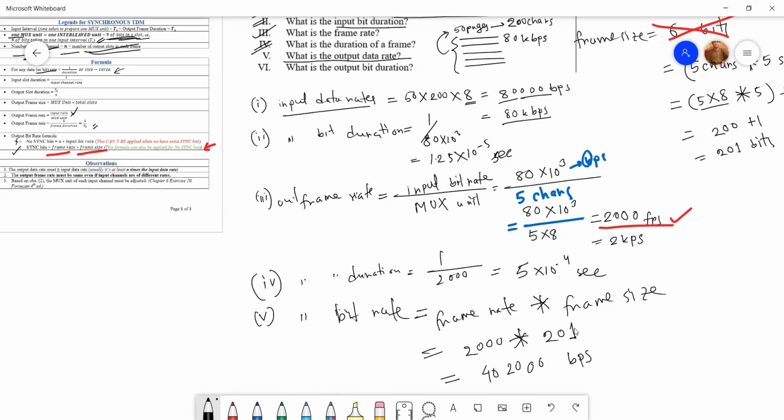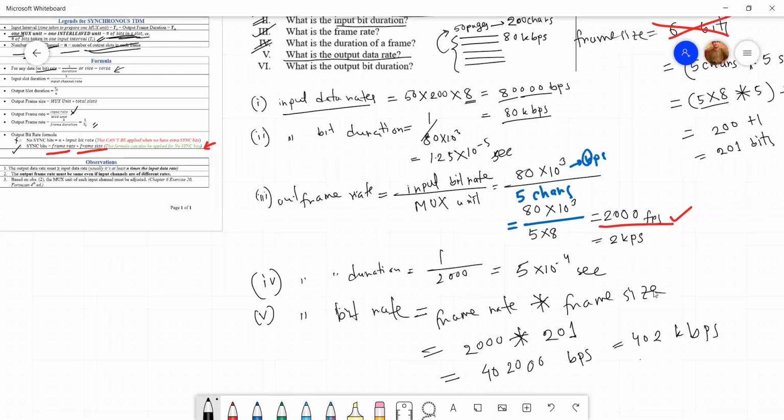If you want to convert it, that's going to be 402 kbps, or you can convert it into Mbps also. So your bit rate is now 402 kbps.